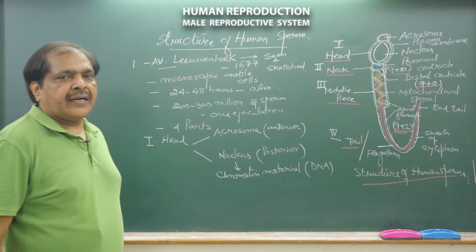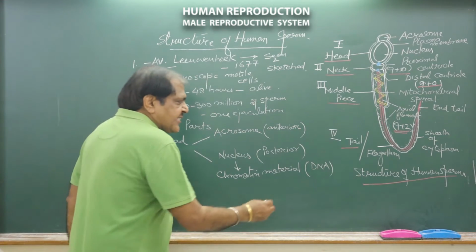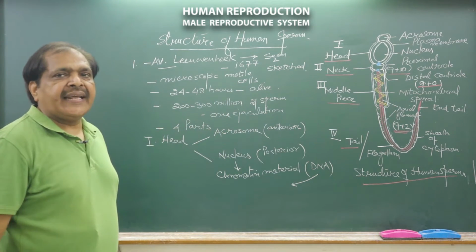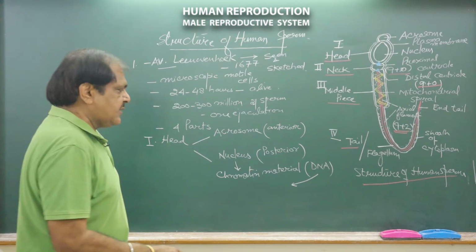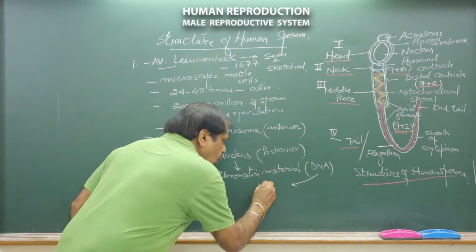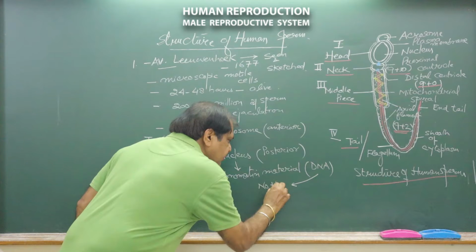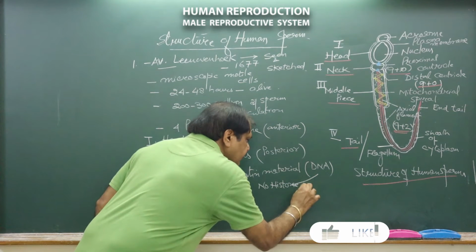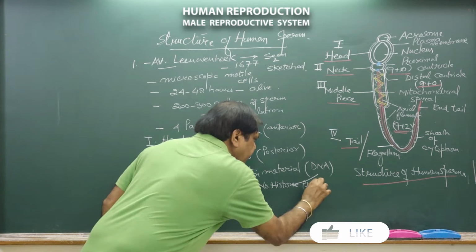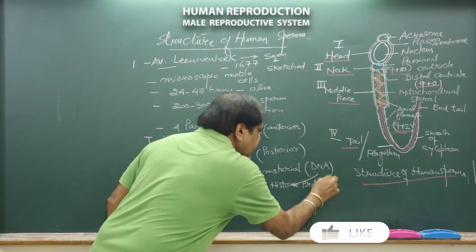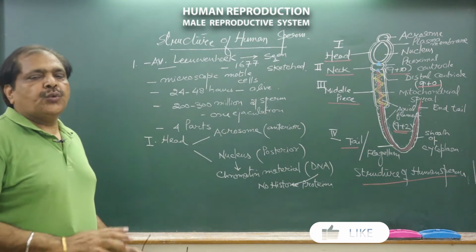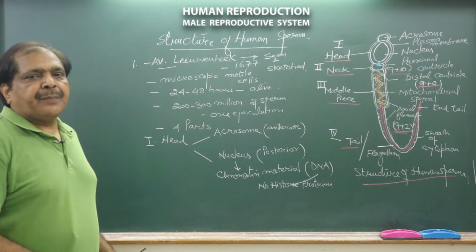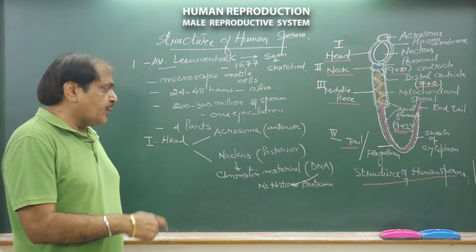Now, very important point. This DNA does not contain any histone proteins. These are basic proteins. In eukaryotic cells, the DNA is wrapped by the histone proteins.